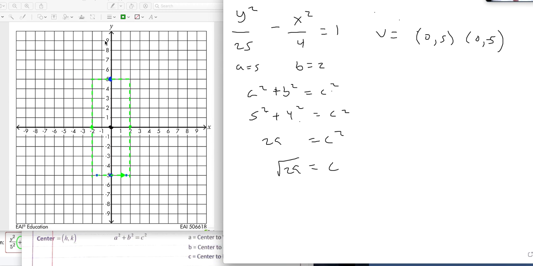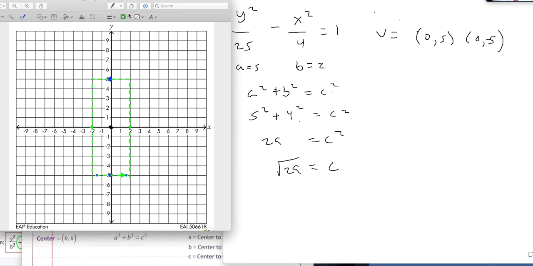It's really hard to draw with this, but where these would be, right about there and right about there. Square root 29 is about 5.4, so we're just going 5.4 up and 5.4 down.